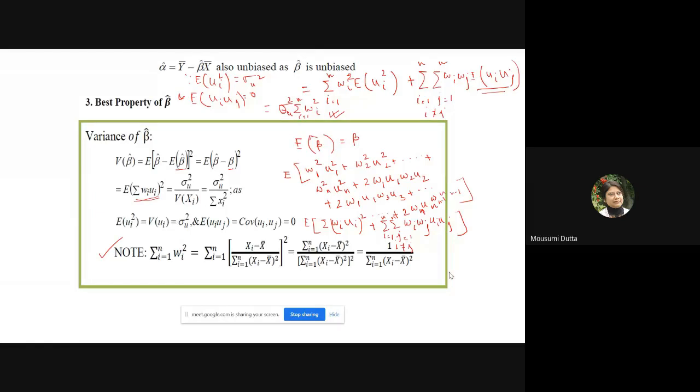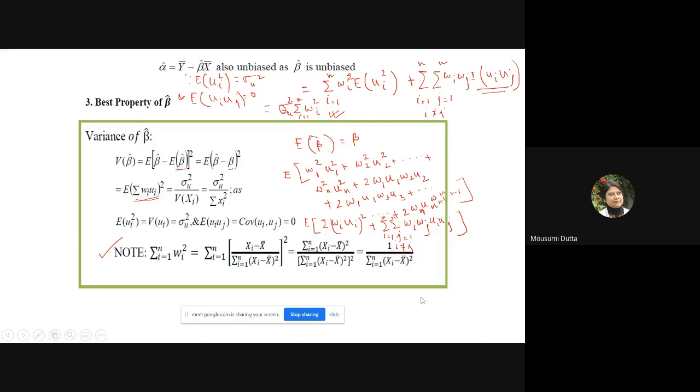So if I move to sigma u square summation wi square, the variance value is nothing but sigma u square divided by summation xi minus x bar whole square.